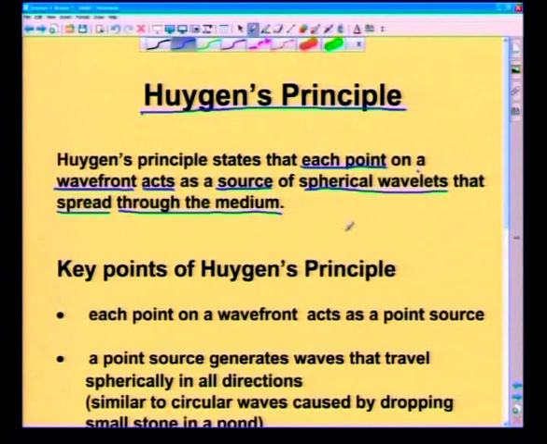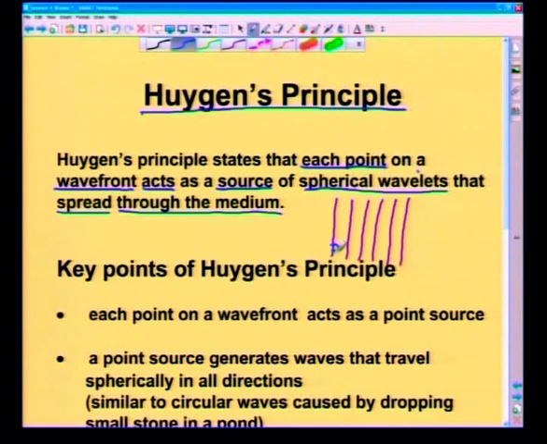If we have wave fronts like this, these are lines joining points on a wave that are in phase. If I look at this point here, according to Huygens, it is acting as a source, so it is generating smaller waves, wavelets, that are spherical.